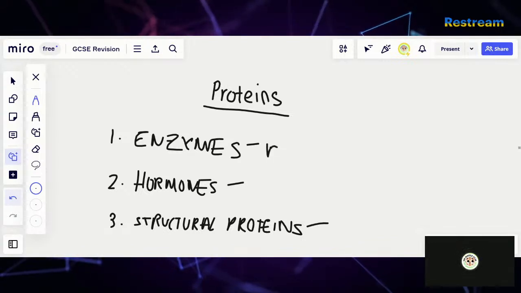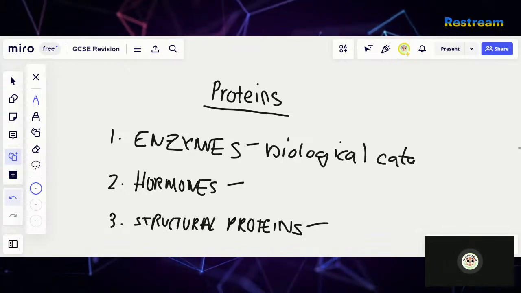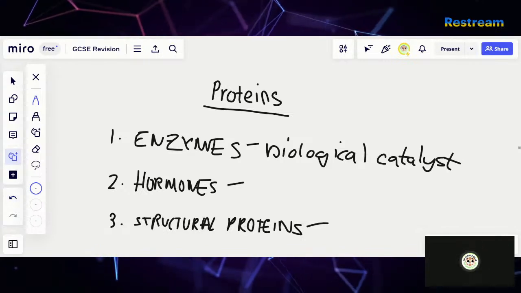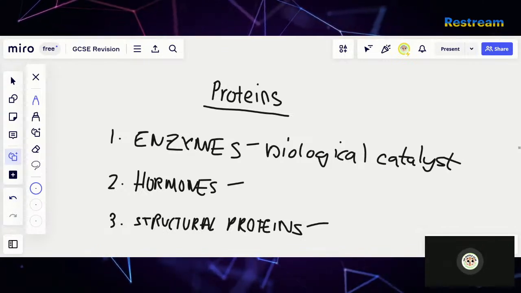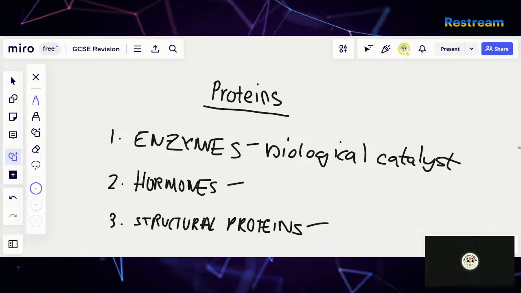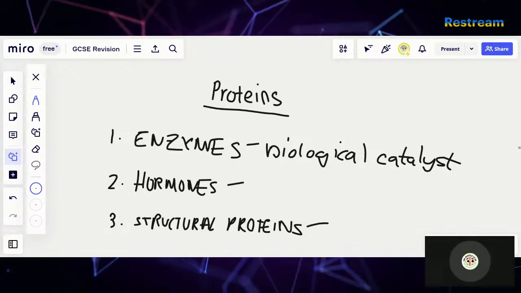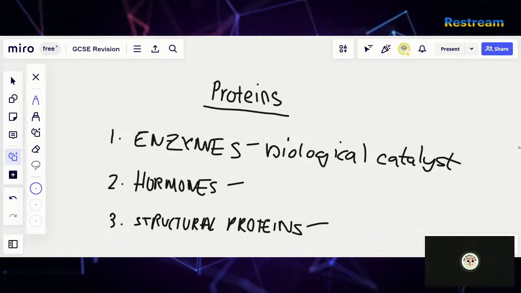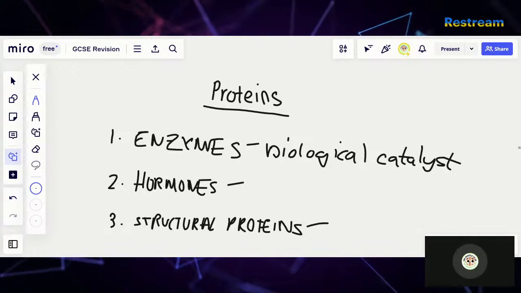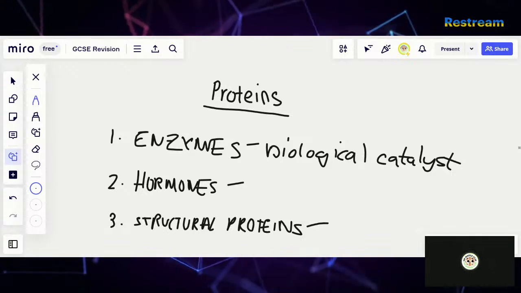These enzymes act as biological catalysts, help break down food, help with bodily reactions. Then you've got hormones. Hormones are used to carry messages around the body. For example, insulin is a hormone that's released into the blood by the pancreas to regulate the blood sugar levels. And you also have structural proteins. The structural proteins are physically strong, and what you would tend to think proteins are used for, they just strengthen the tissues in our muscles and things like that.